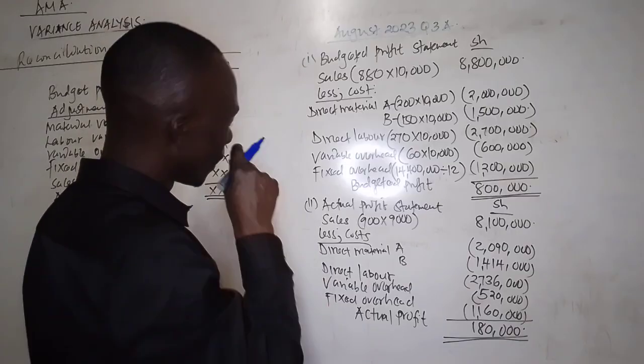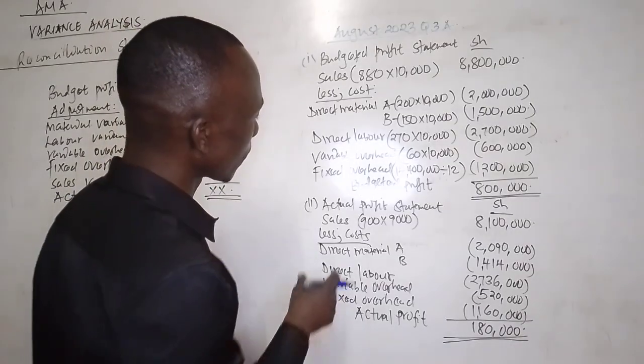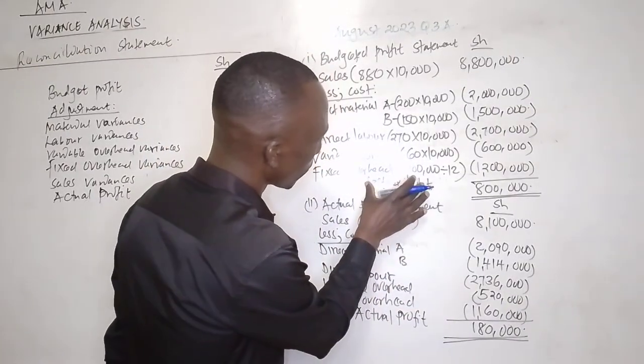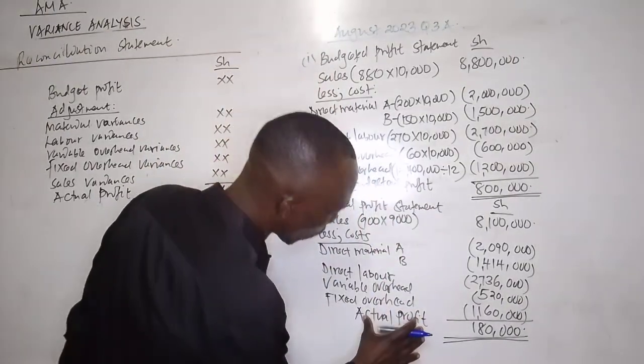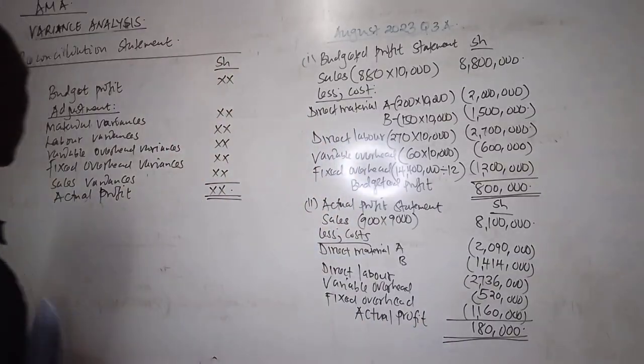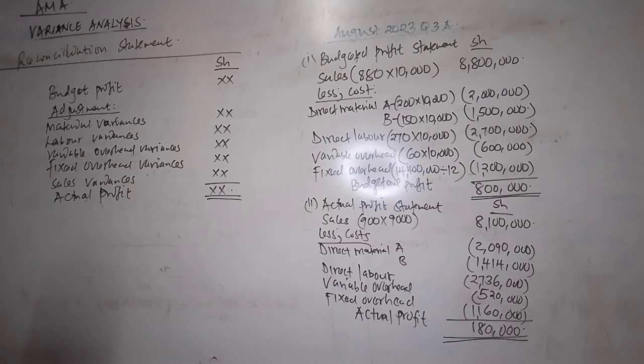Now, the examiner wants us to reconcile. How are we going to reconcile the budgeted profit and the actual profit? For us to reconcile, we need to prepare the reconciliation statement.